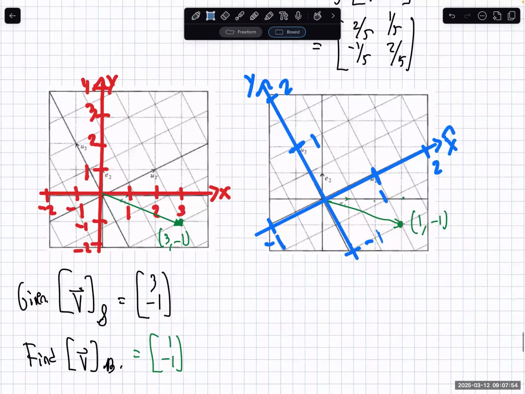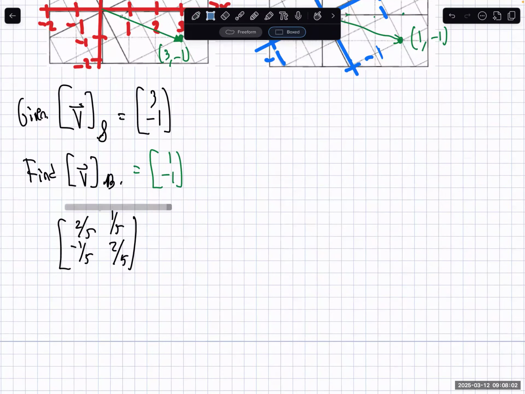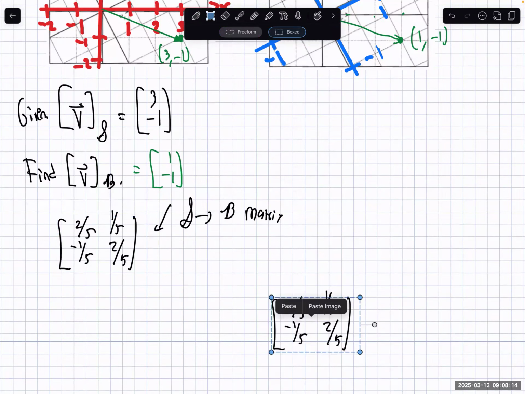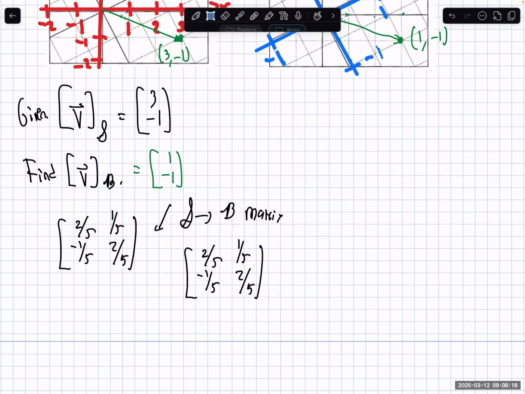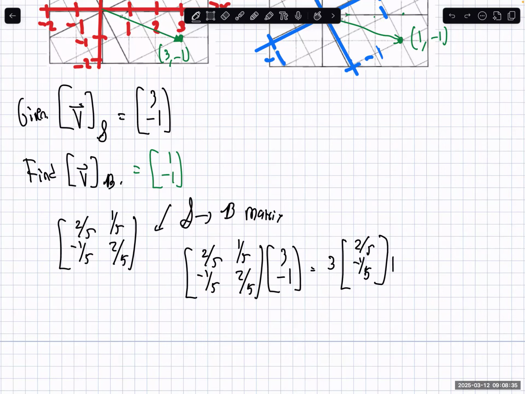Okay, but we now have the S to B matrix. 6/5 minus 1/5 is 5/5, which is 1. -3/5 minus 2/5 is -5/5, which is -1.